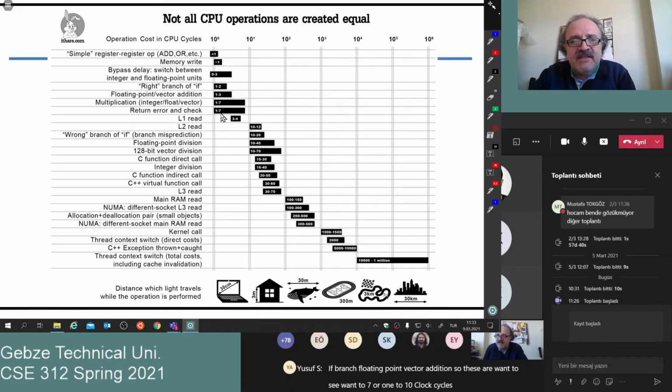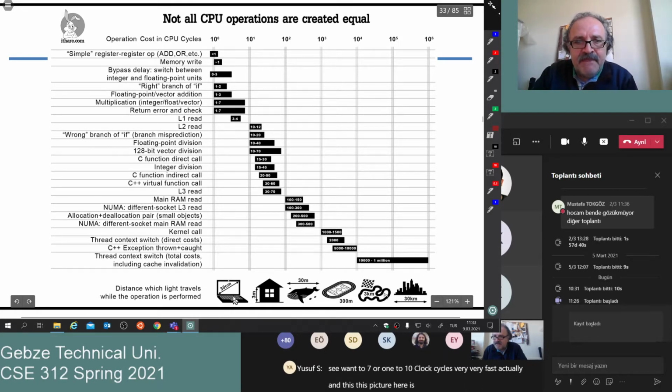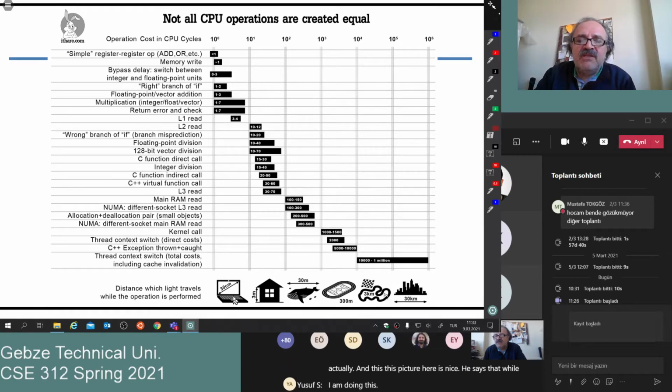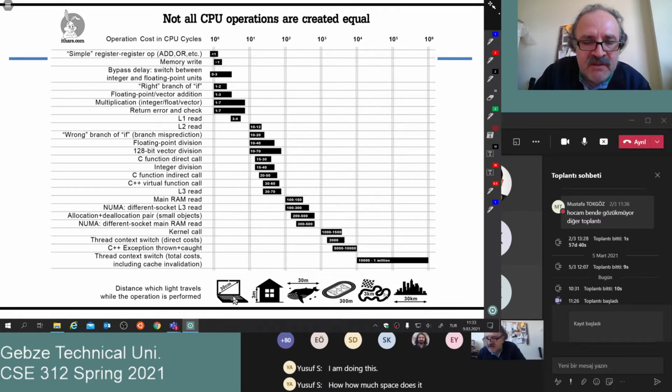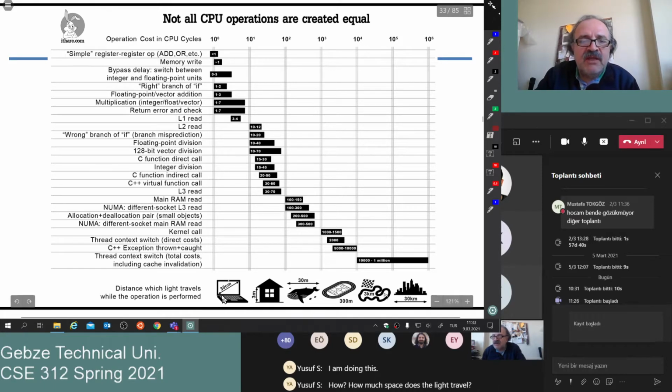Very, very fast actually. And this picture here is nice. It says that while I am doing this, how much space does the light travel? The light travels only 30 centimeters when I do this kind of stuff.